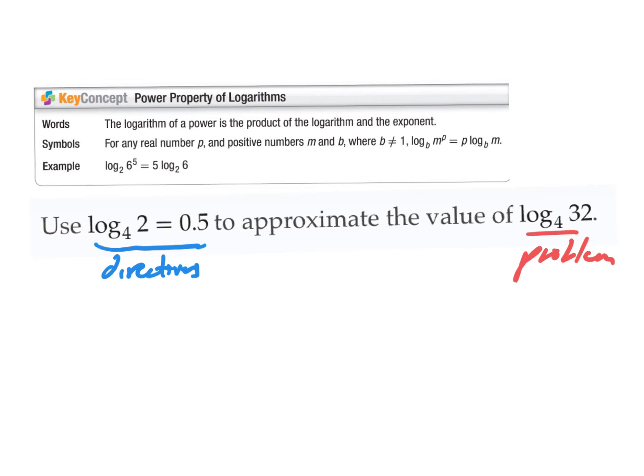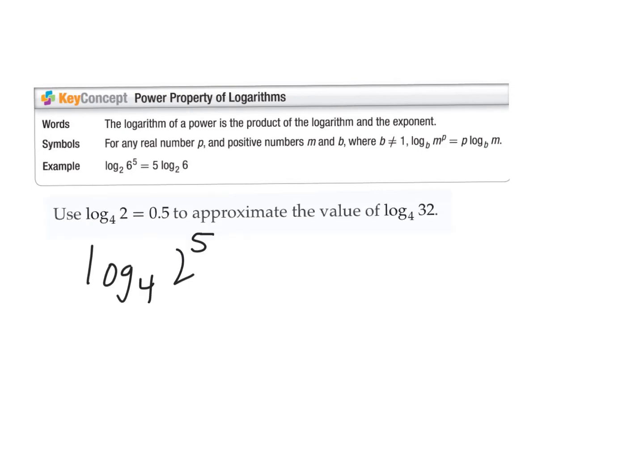So what are we trying to do here? What's our first move? What do we got to do first? Turn 2 into 32, or maybe turn 32 into 2 to something, right? So what is 32? If I wrote using 2 as a base, 2 to what power equals 32? 2 to the 5th.